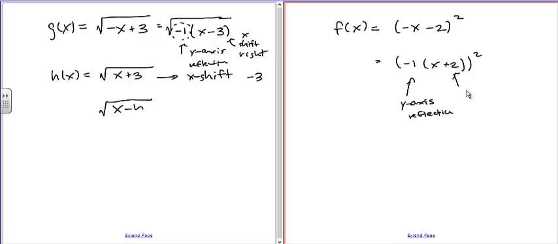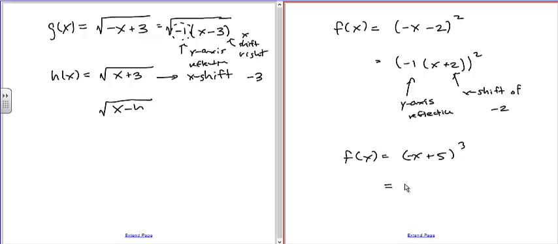This is telling me I have an x shift of -2. Is that right? Yep. Let's do another one of these. Let's say f of x equals negative x plus 5, cubed.